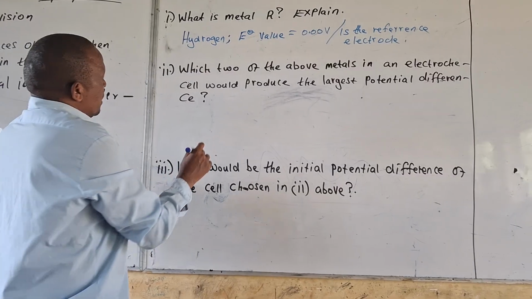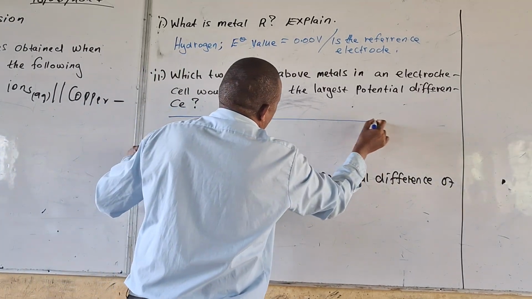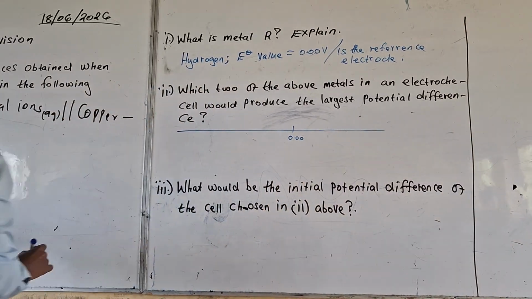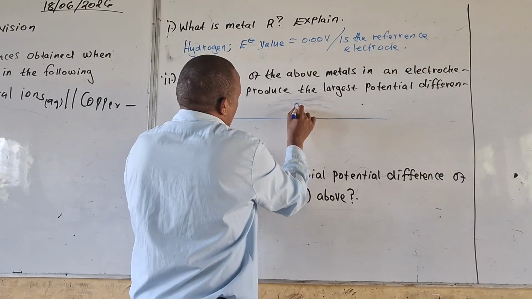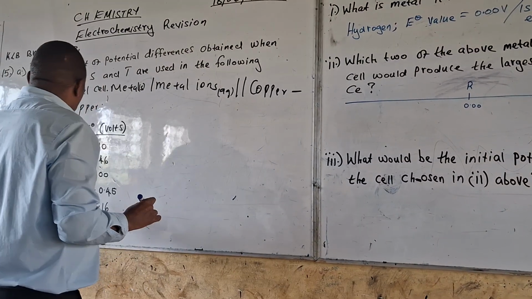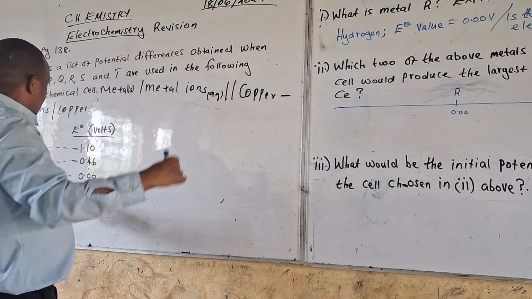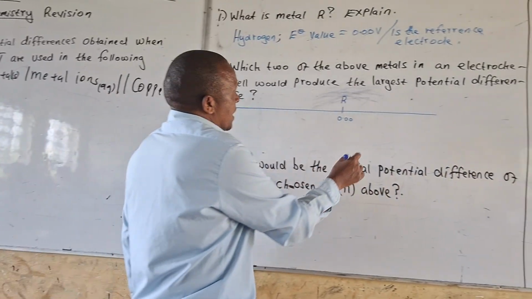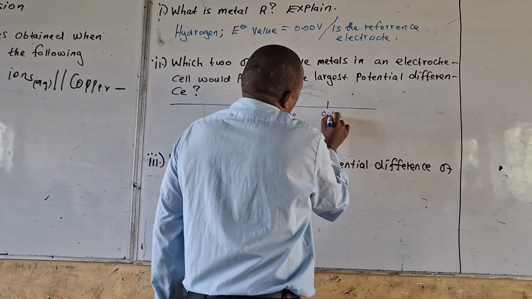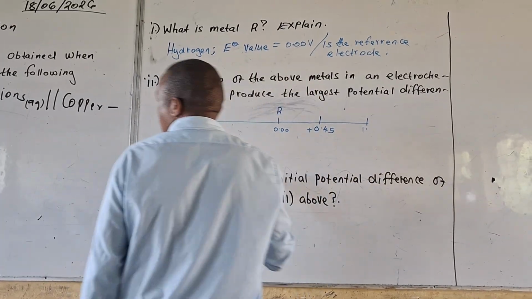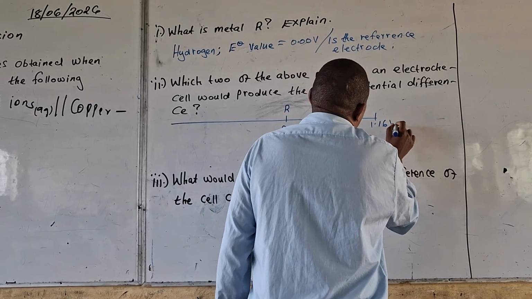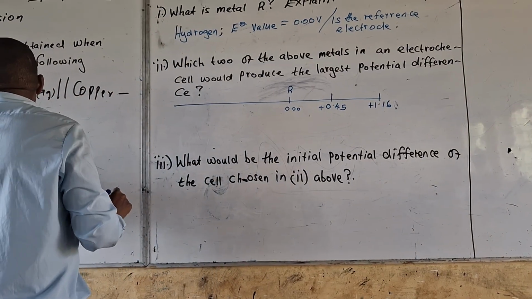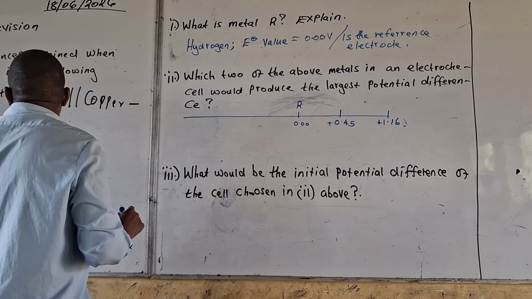So with this, we'll now arrange all these metals in a number line, whereby in the middle here we have 0.00 volts, and that one belongs to R. Now, using the number line, if we go to the right hand side, we have positive 0.45 and 1.16. This is positive.